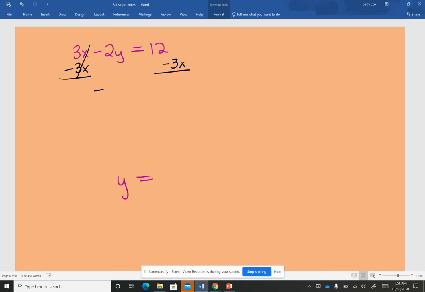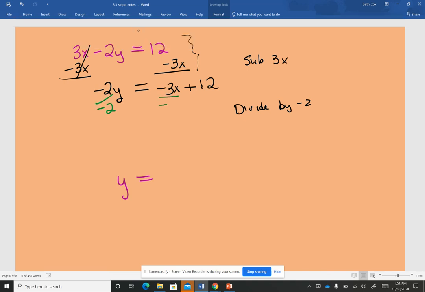Don't forget there's a -2y. All right, now this, instead of writing 12 minus 3x, I'm going to flip it around to keep with tradition. And I'm going to write it like that, -3x. And now I'm going to divide by -2. So I subtracted 3x. And now I'm going to divide by -2. All of them. All right?